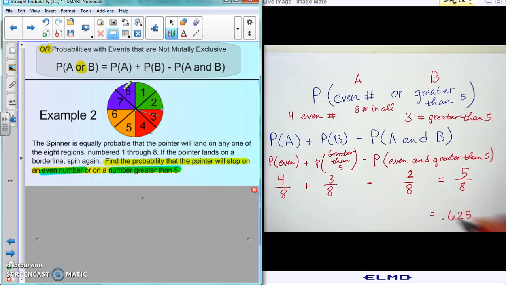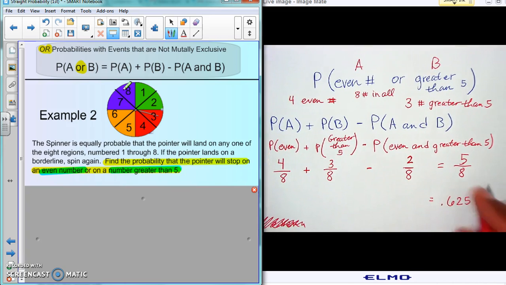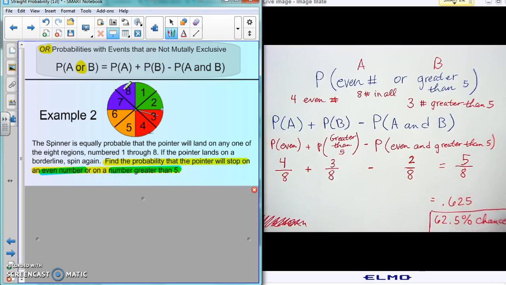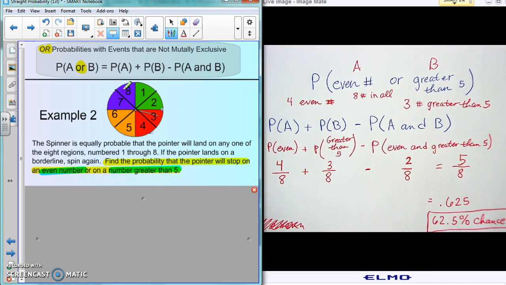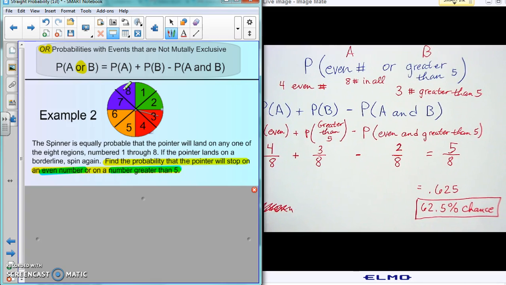Okay, so we change that to a percent. That's going to be 62.5 percent chance that this could happen. Now every time, remember, whenever you're changing a decimal to a percent, you always move 2 decimal places to the right.